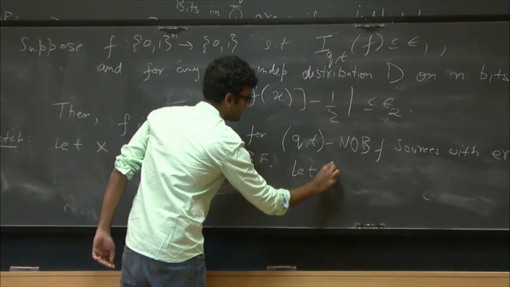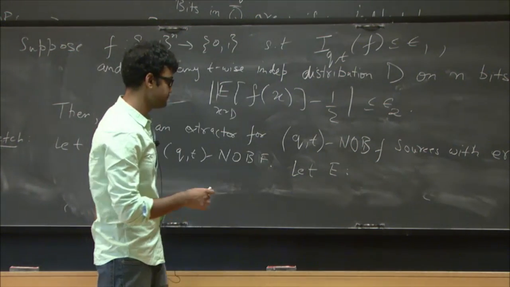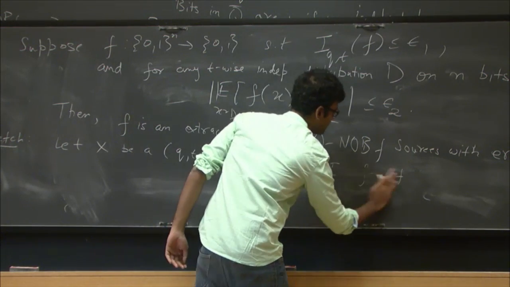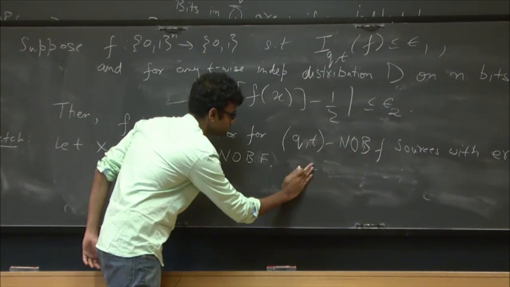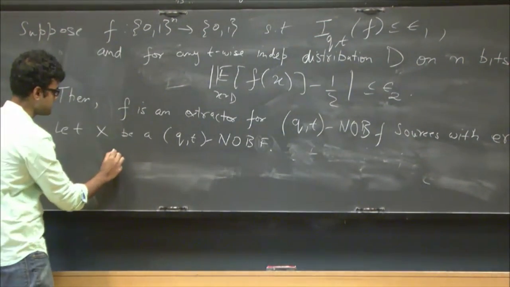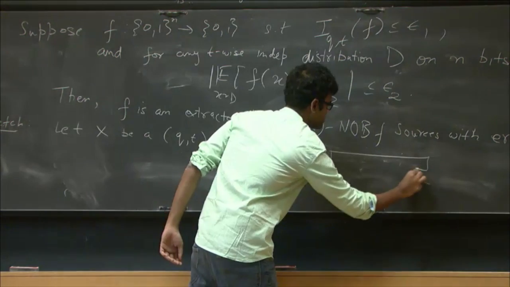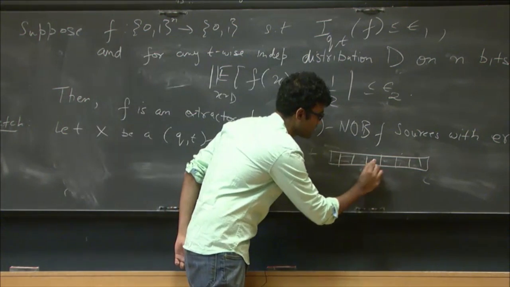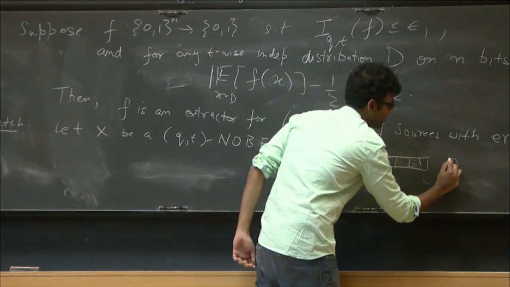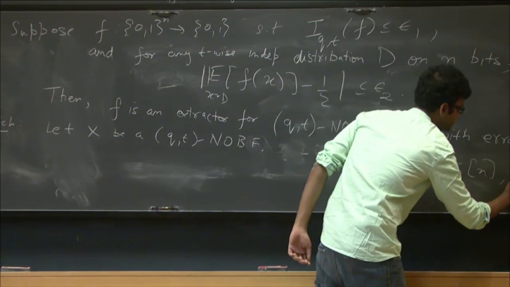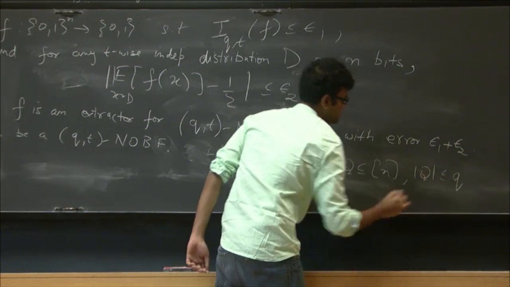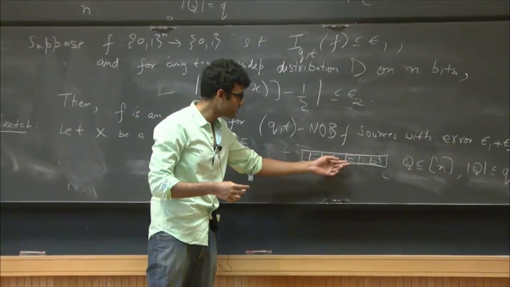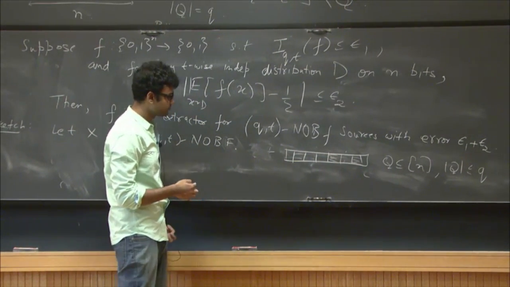What this means is that x looks like this: it's a source on n bits, and there is a set of bad coordinates q, and the size of q is bounded by q, and the bits outside q are t-wise independent.